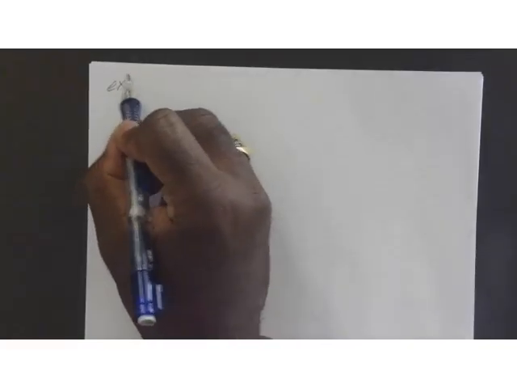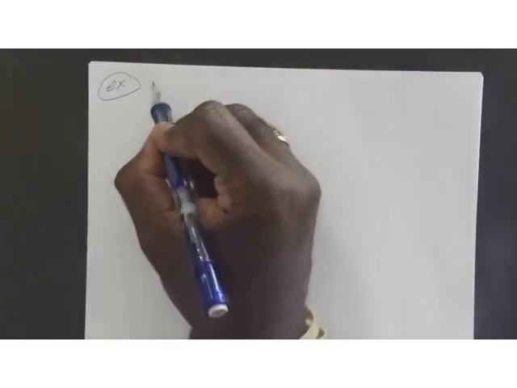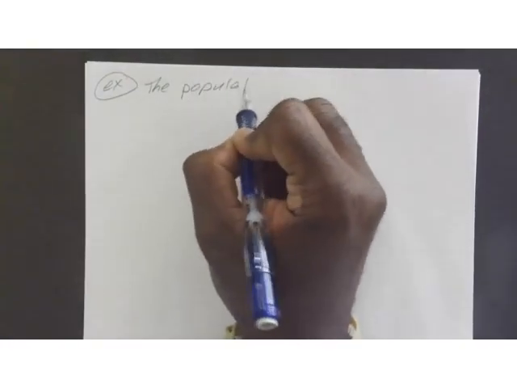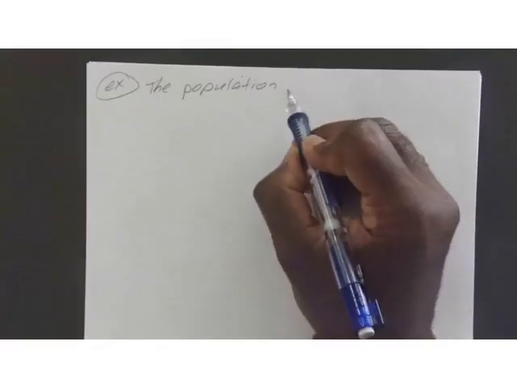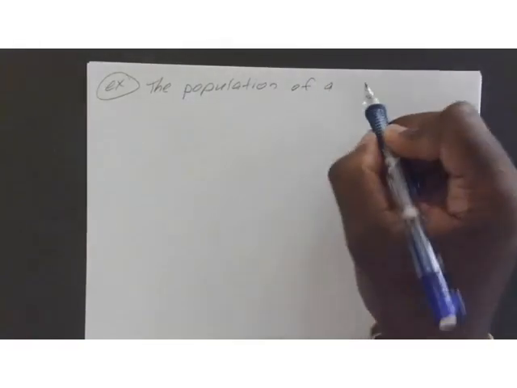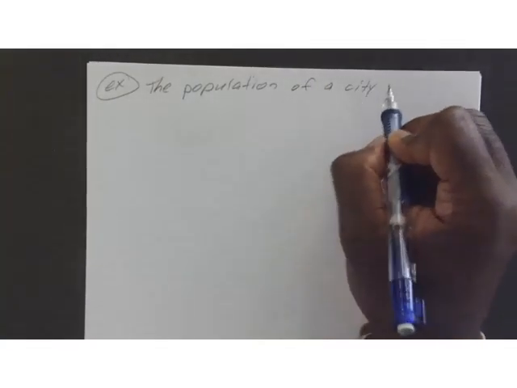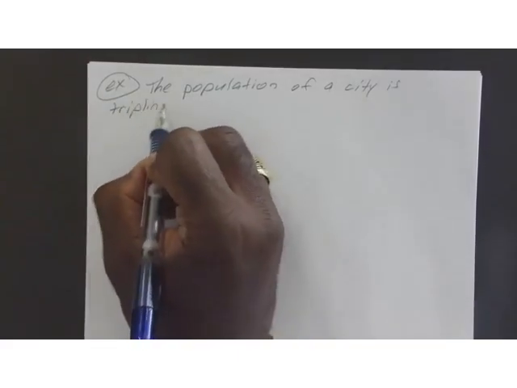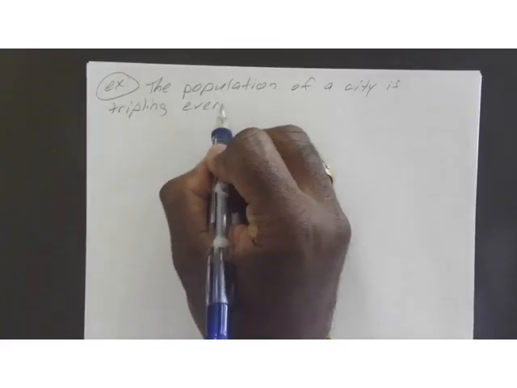Okay, so let's say, for example, that the population of a city is tripling every 5 years.